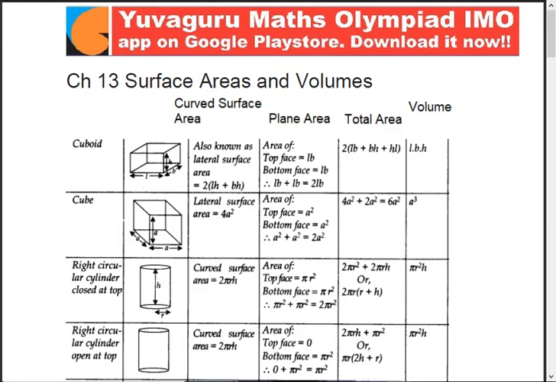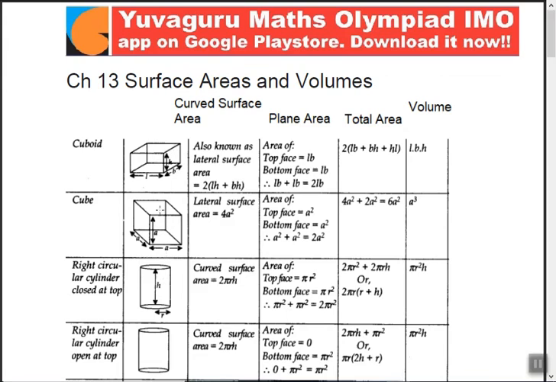Volume is basically how much material can be put in this, water or anything. If you put it in, how much can fill it? That's the meaning of volume. Cube and cuboid basically mean one and the same thing.